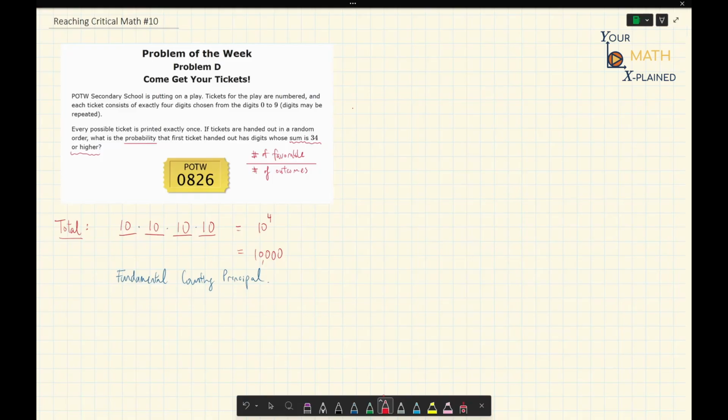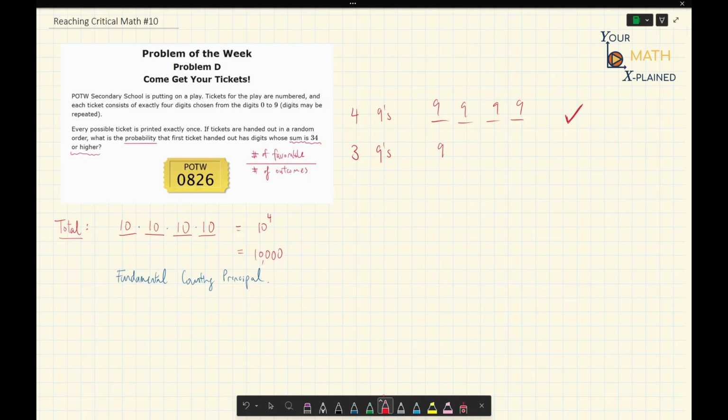So right away, I know that if we have 4 9s, I could have 9999, and that would work. And there's only one way to make that happen, right? That's the ticket 9999.